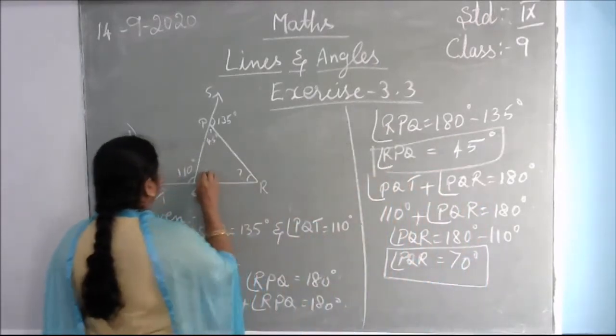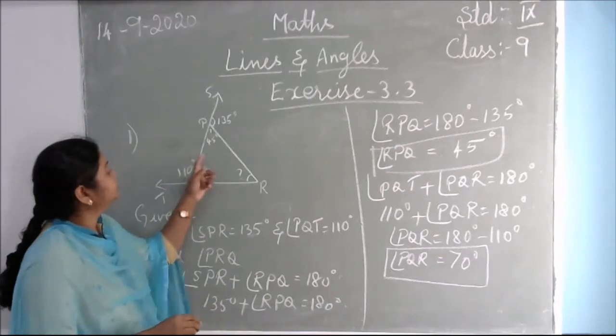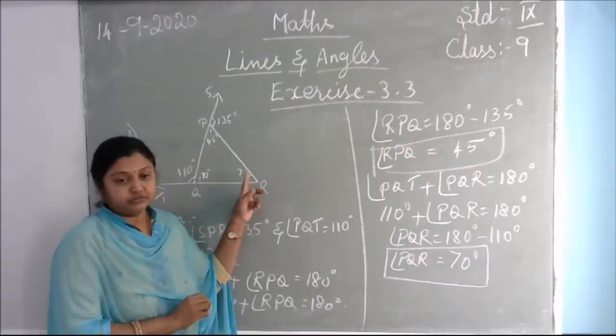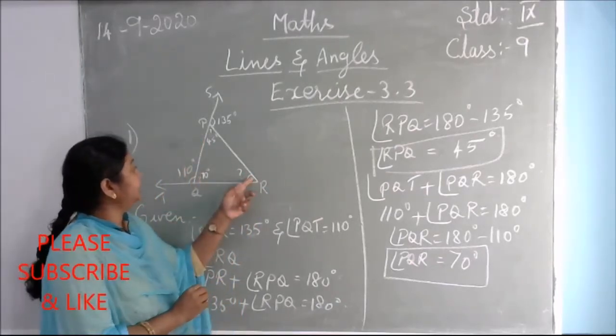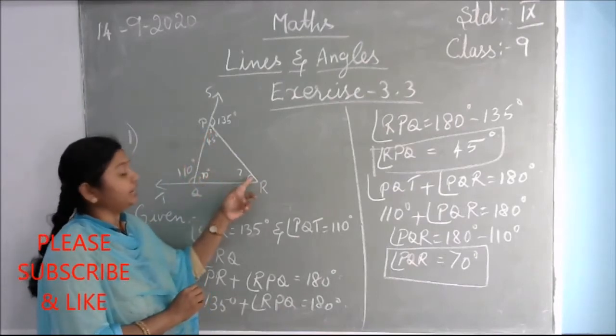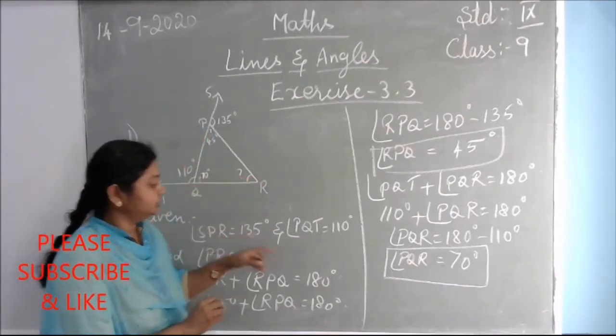Now this one is 70 degree. So now it will be easy to find out this angle, because the sum of these three angles in the triangle is equal to 180 degree, no?